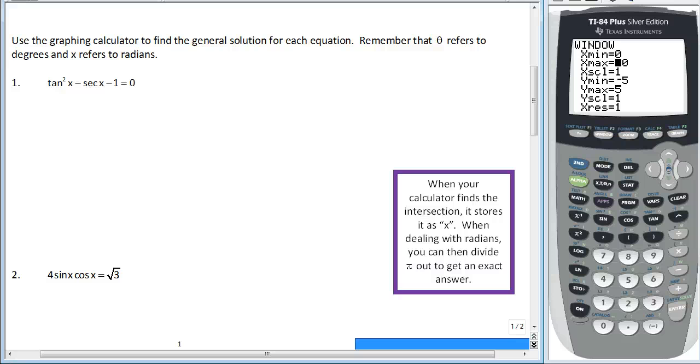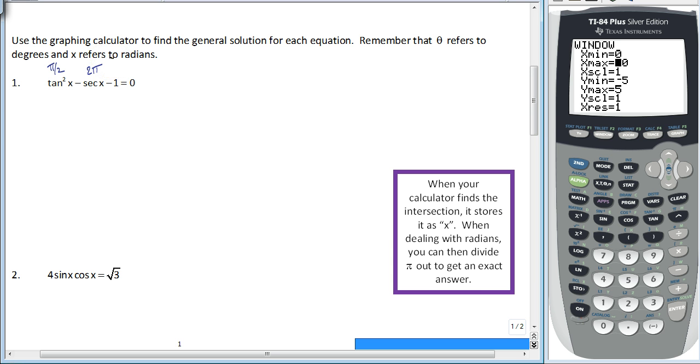So the first thing you want to do in any of these problems is make sure it's equal to 0. Okay, we got that. Second thing is you want to state your period. So tangent squared, as we know, is pi over 2. And secant, which is pretty much the same as cosine, is 2 pi. So which one do you want to use?